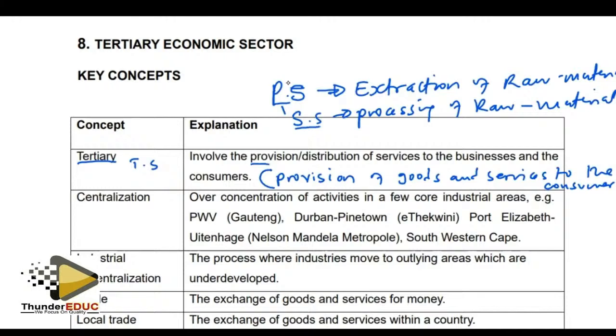So that is why the tertiary sector involves the provision and distribution of services. And we spoke about the difference between a good and a service. We said goods are tangible and services are intangible.